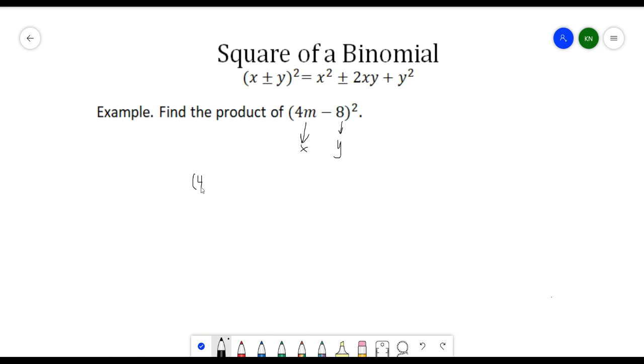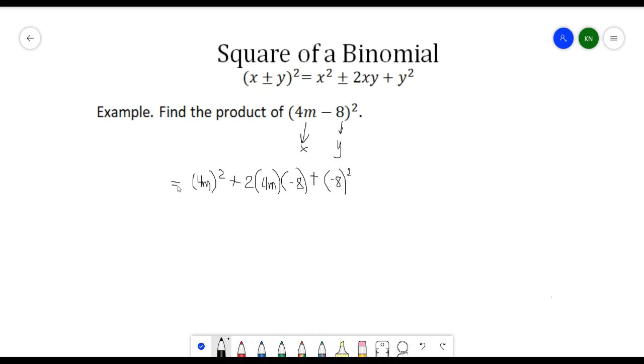So you need to write 4m, and that should be squared. Plus 2 times our x, which is 4m, multiplied by negative 8, which is the value of our y, plus our y squared, which is negative 8 squared.